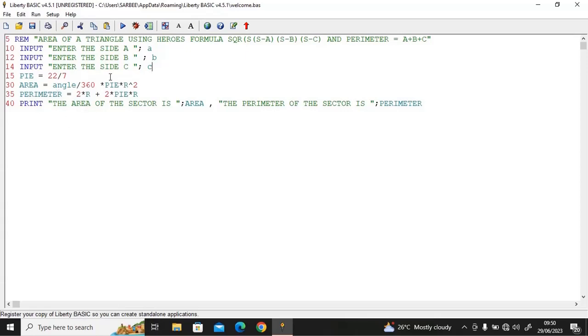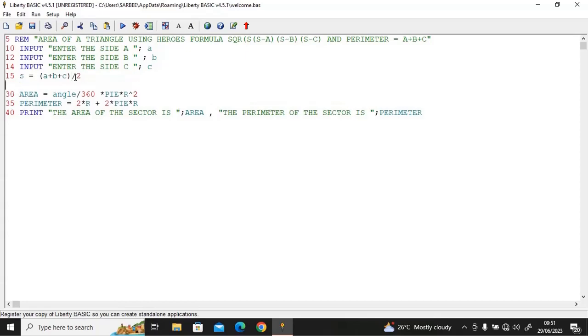So the next thing you're going to do is that you need s, right? So I'm going to say my s, let me use small letter. S equals A plus B plus C. Because you want the 2 to affect all of them, you put everything in brackets, otherwise you're going to get problem upon problem. So S over 2, right? So I can look for perimeter here. I can make this one 20.